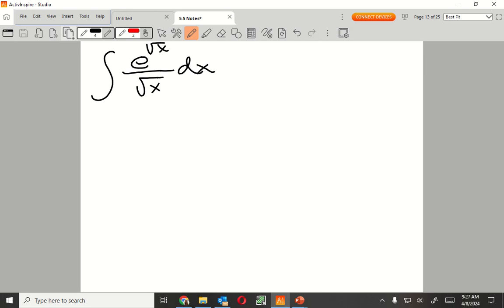What makes this part complicated? The quotient, right? What makes it a chain? The e to the square root of x. Okay, so if that's the chain, that's my key. That's what I want to look at to make my u.